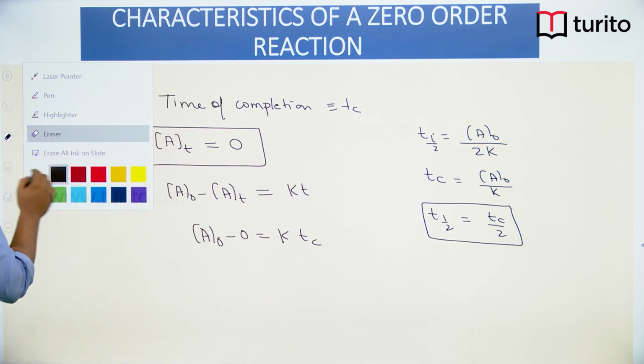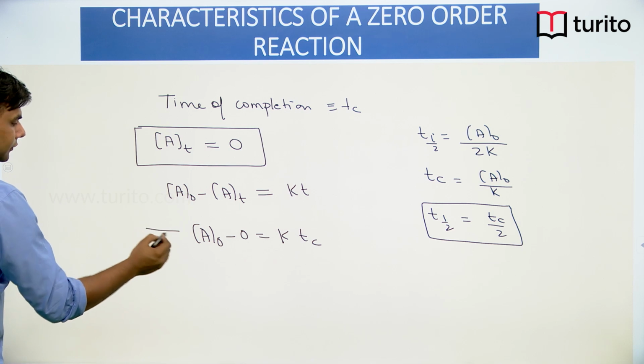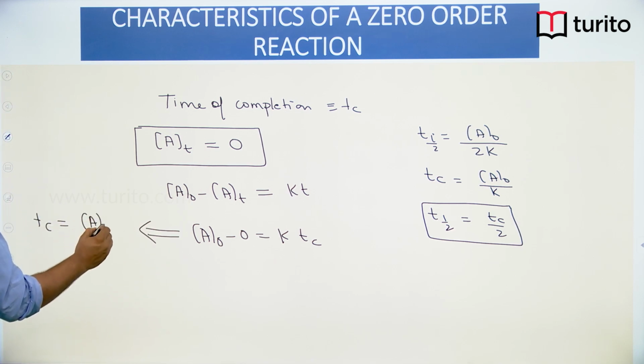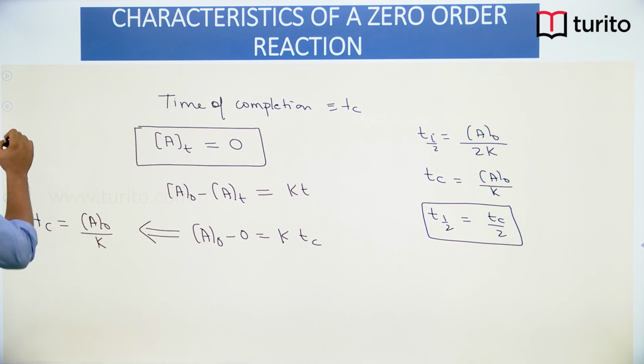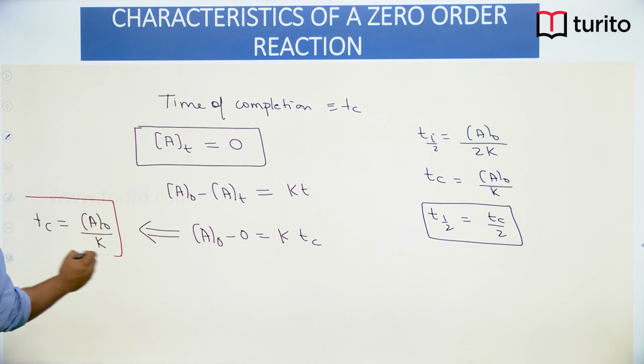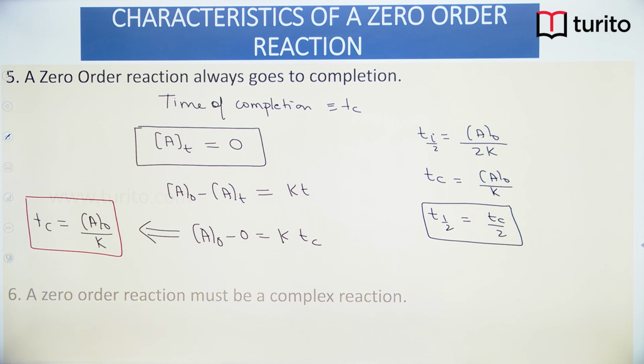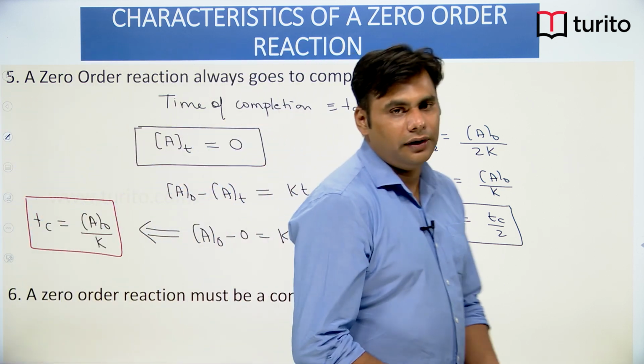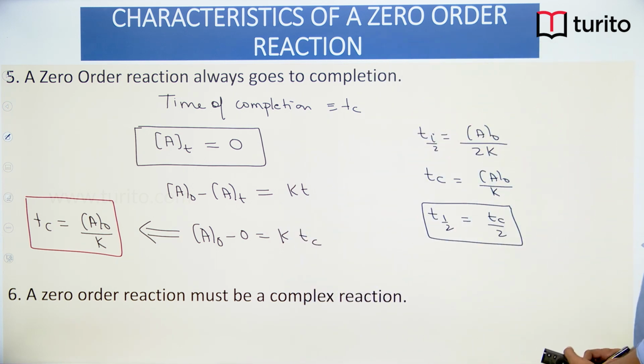I can write this expression as Tc is equal to A naught upon K. This is the time of completion. And we say that a zero order reaction is always a complex reaction. Just write it down.